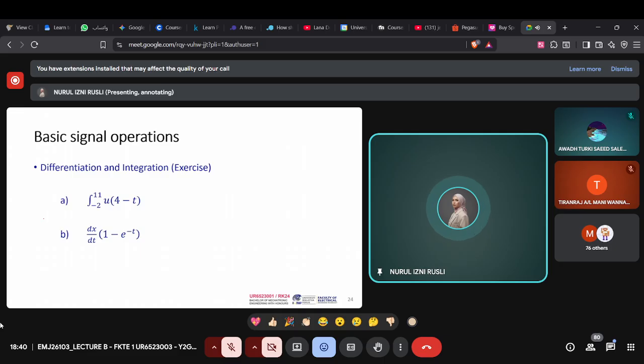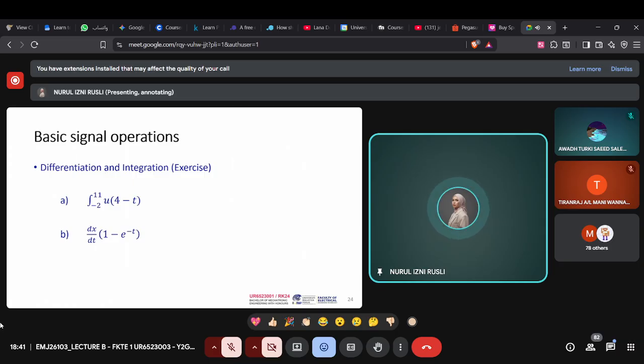So here you have the integration from minus 2 to 11 of function u of 4 minus t. So you learned at the very first few slides of this chapter that u is a unit step function.